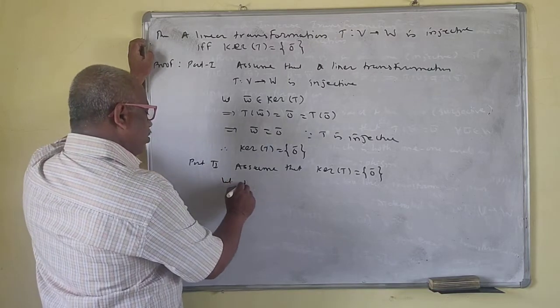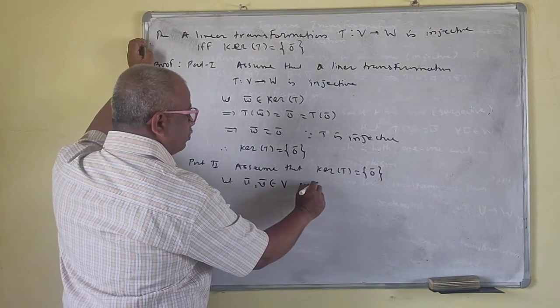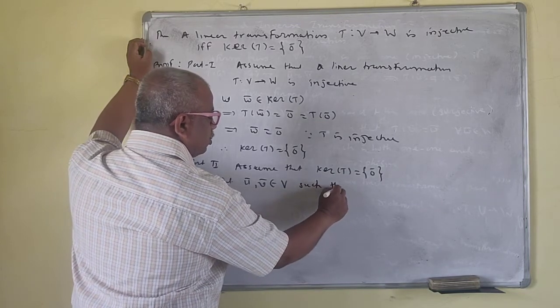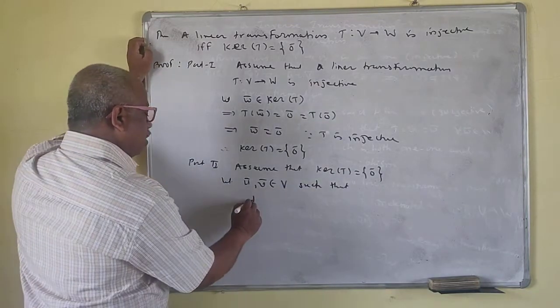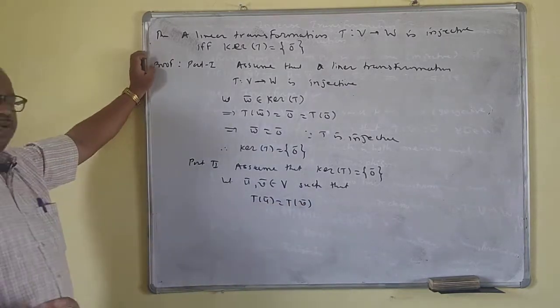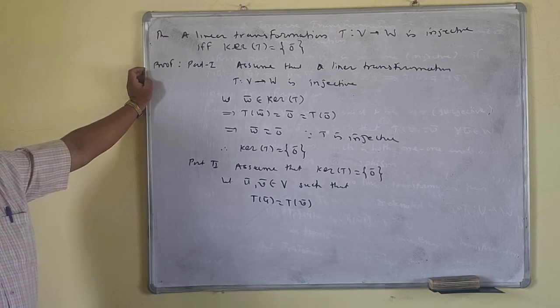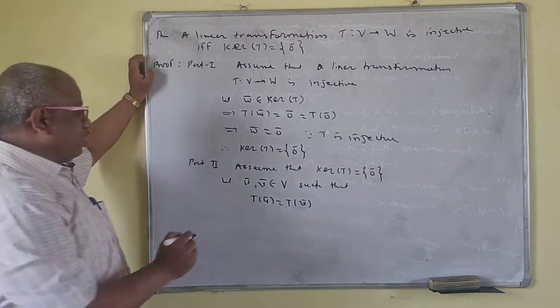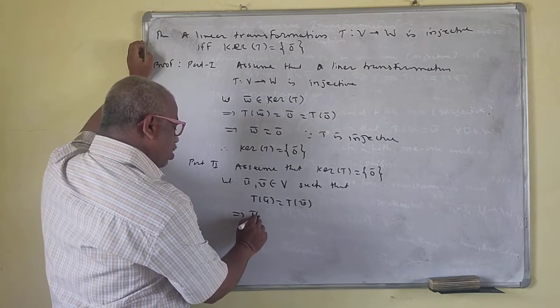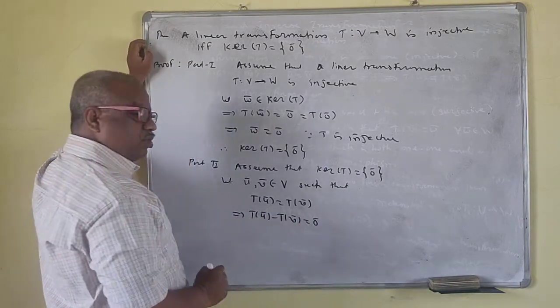Let U bar, V bar belong to V such that T of U bar is equal to T of V bar. We want to prove that U bar is equal to V bar. This implies that T of U bar minus T of V bar is equal to 0 bar.